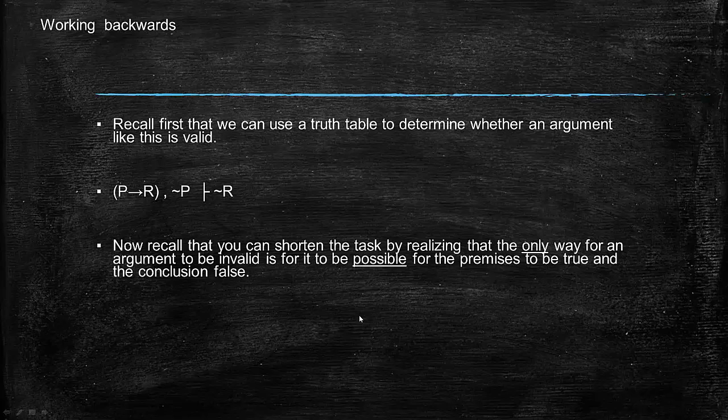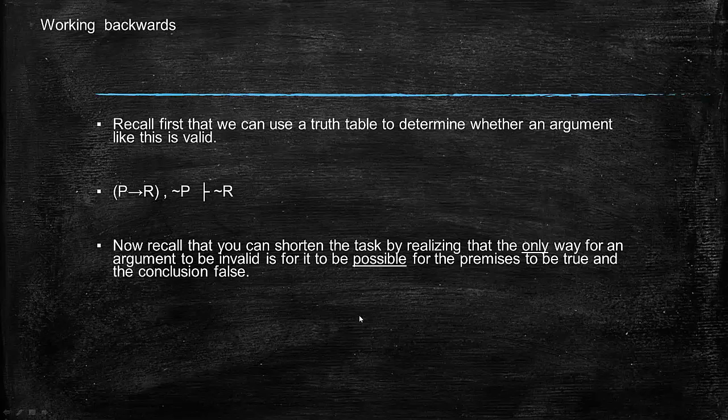So how do we do this? Well, remember that you don't have to fill out the whole truth table, which is nice. You can if you want to, but you can really shorten the task by realizing this one thing, which has been hard for people initially to get their mind around, but hopefully it's starting to come more naturally now.